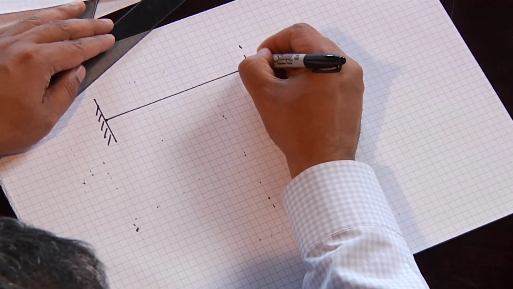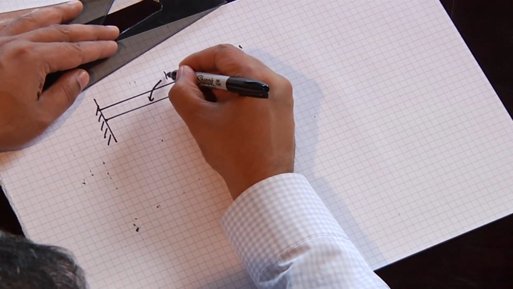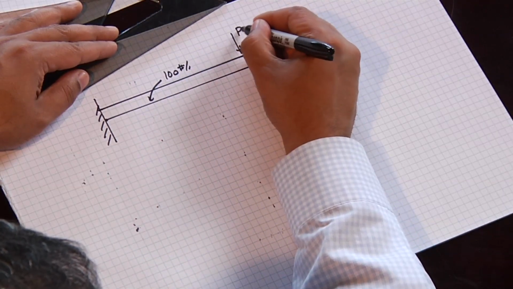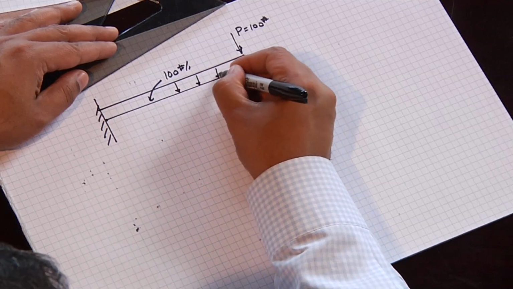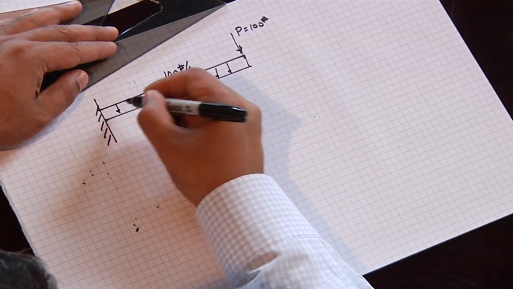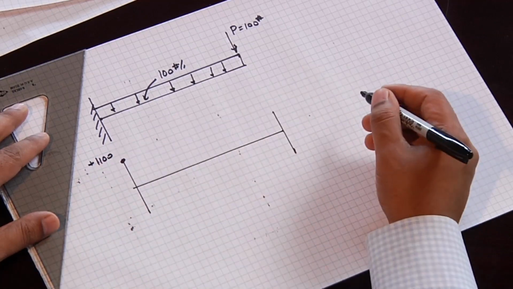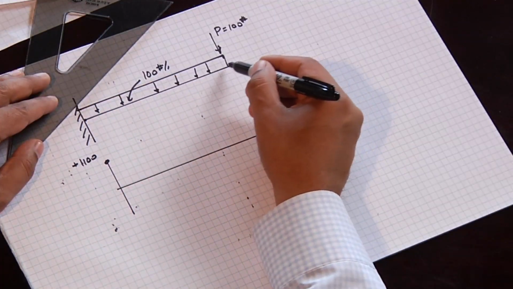So we have a uniform load, 100 pounds per foot, and we have an end concentrated load of 100 pounds. How does our shear diagram look? Well, we're going to start with plus 1100, and we have to end at 0. And so what happens? This is a linear diagram.